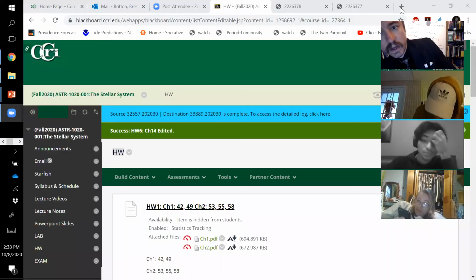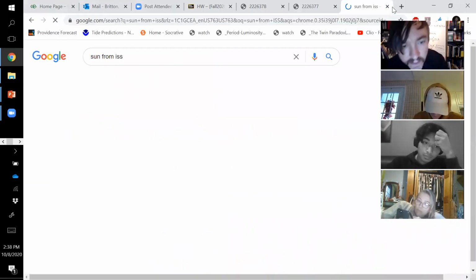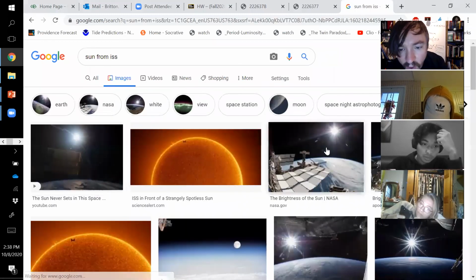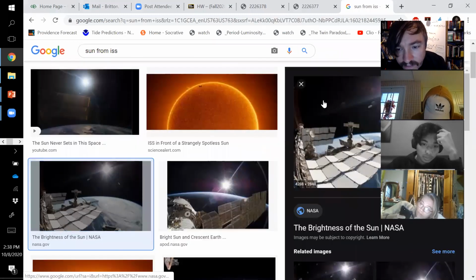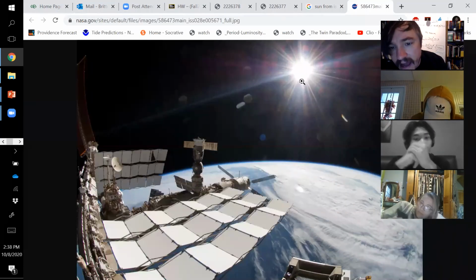That's right. Let's look at a picture of the sun from the ISS. When you actually look at a photograph of the sun from outer space, it's the whitest, purest white that you could ever imagine seeing. And Christopher said it right. It's because it's a black body.